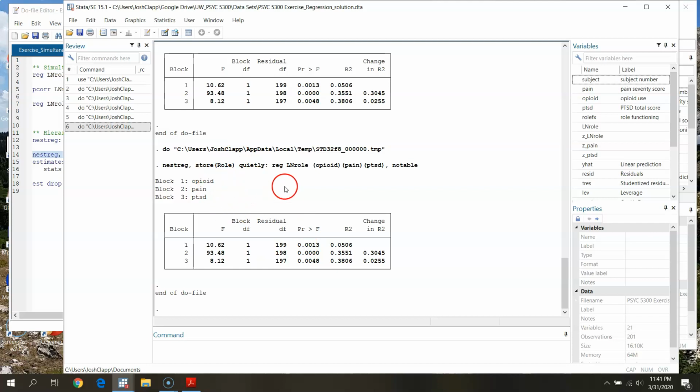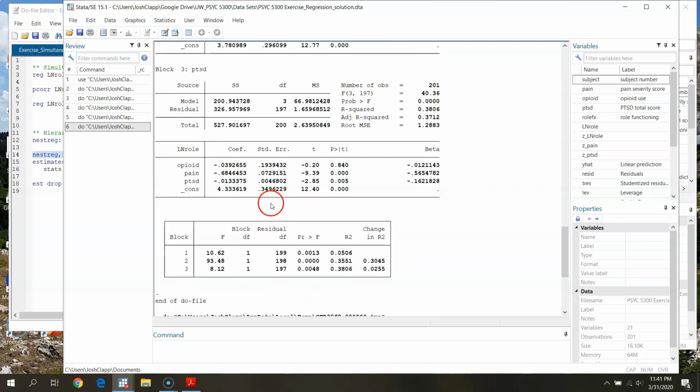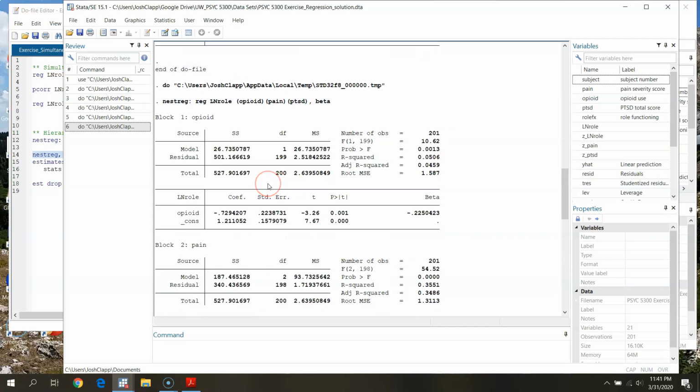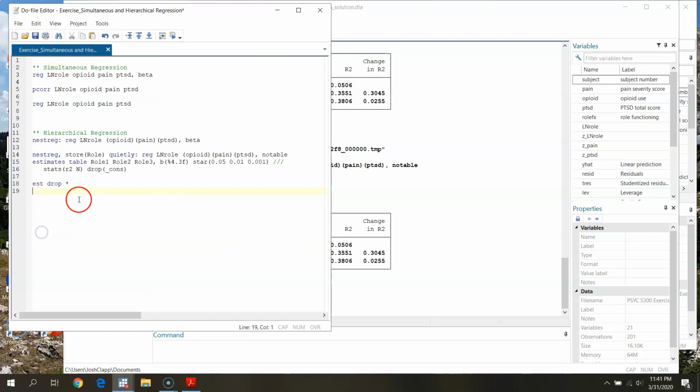it just gives us our last piece, but it went through and suppressed all of our coefficient tables, right? Once it's run this model quietly in the background, we're going to tell Stata to create an estimates table containing role 1, role 2, role 3.